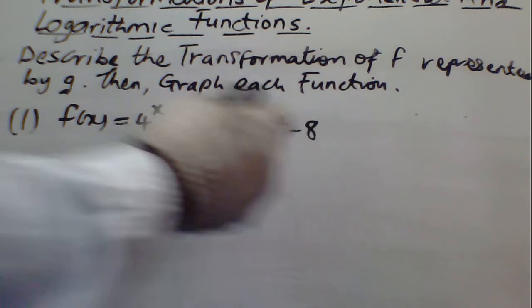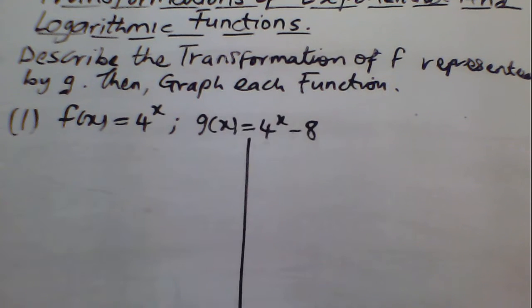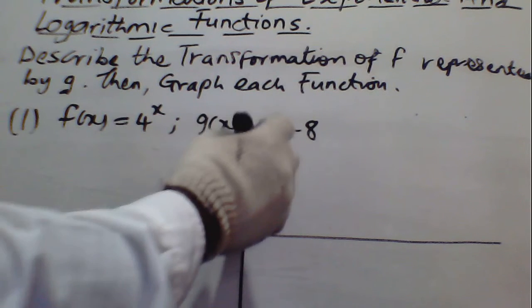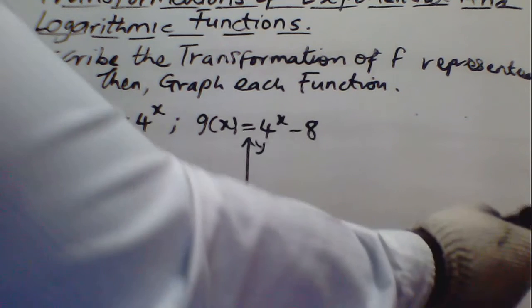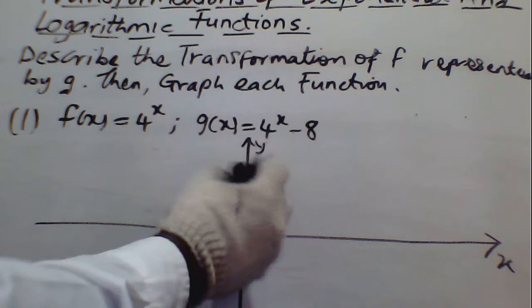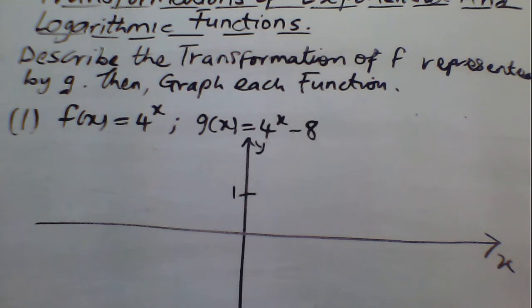So draw here a vertical Cartesian axis. Here is the y and here is x. Then choose a point here, 1. But before we start drawing, let us find some values of g of x that will enable us to plot.